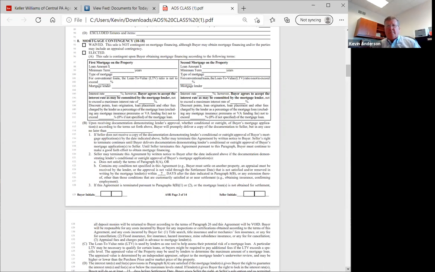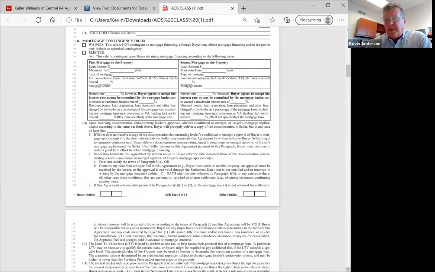Then B is upon receiving the documentation demonstrating lender's approval. Now here's the key part, whether conditional or outright. So what's that mean? Well, any of us that have been around a little bit, you see the commitment from the bank, it's almost always got conditions on it.